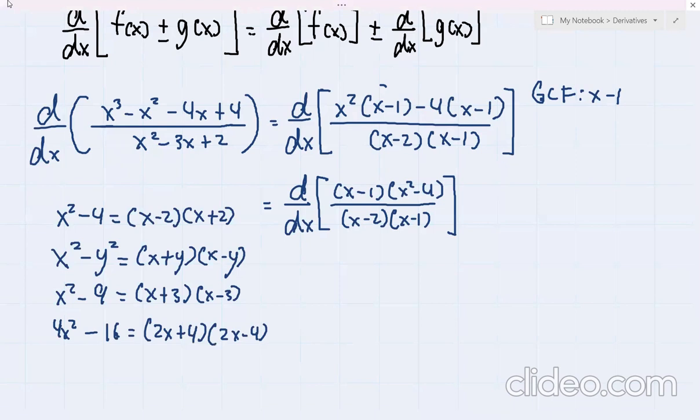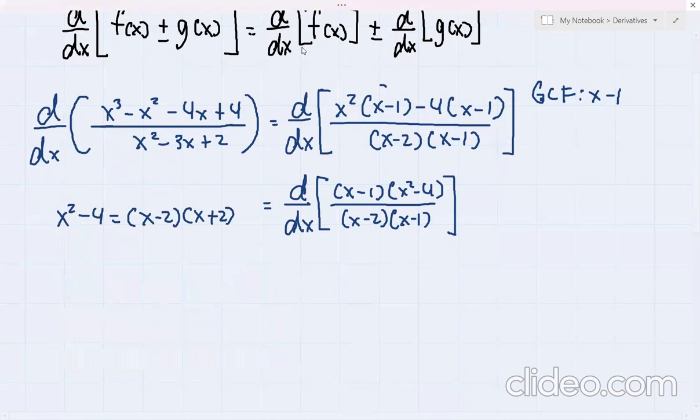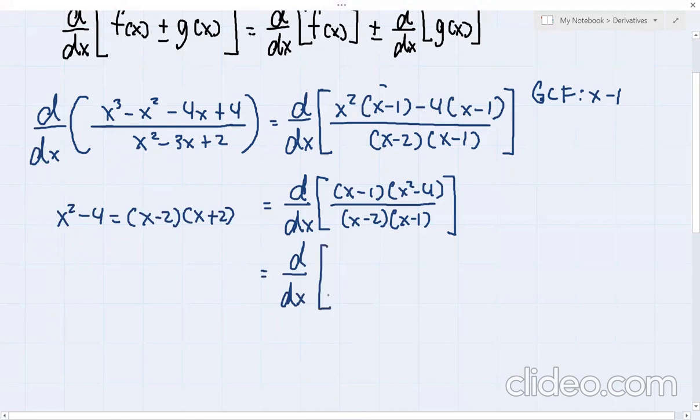Nakukuha? So, therefore, since we have x squared minus 4, meron tayong x minus 1 times x minus 2 times x plus 2. Ayan na siya.